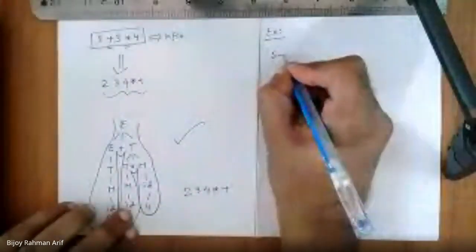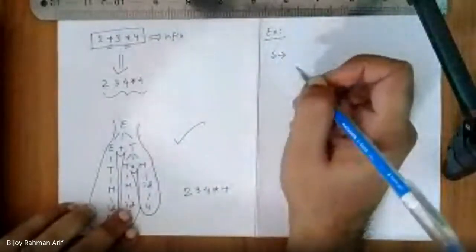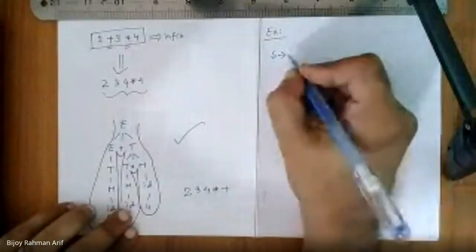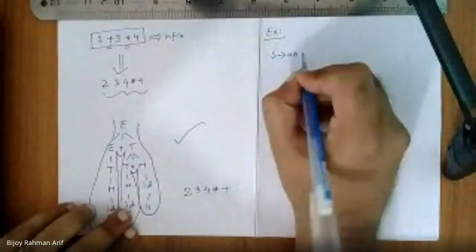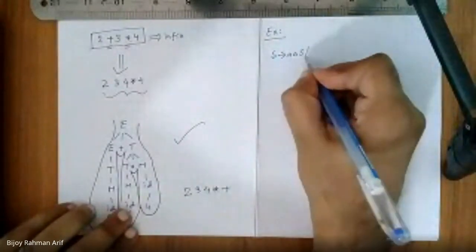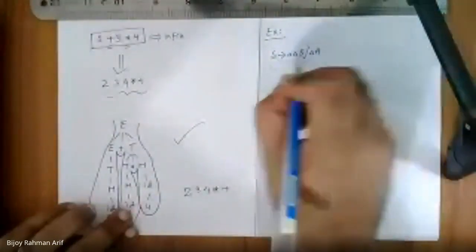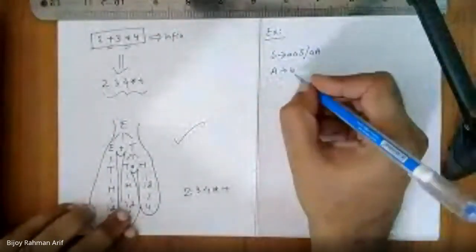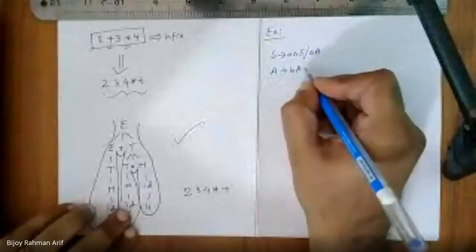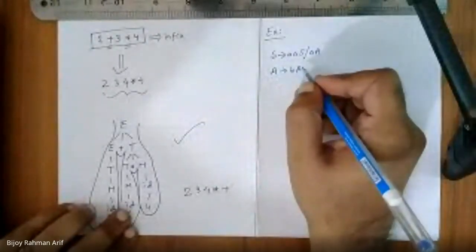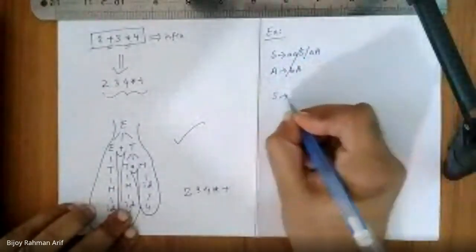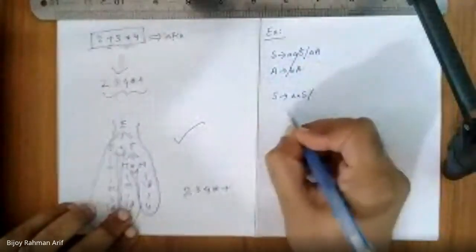S derives AA S or AA, A derives B A, S derives AAS or so on.